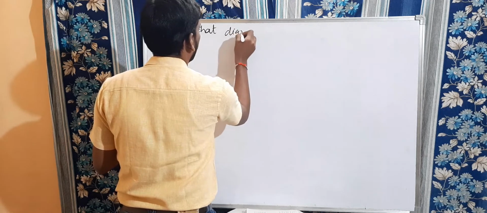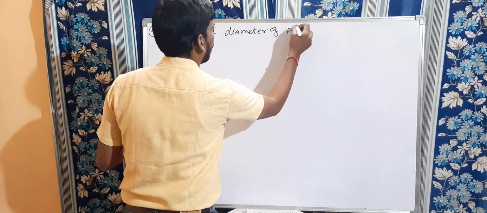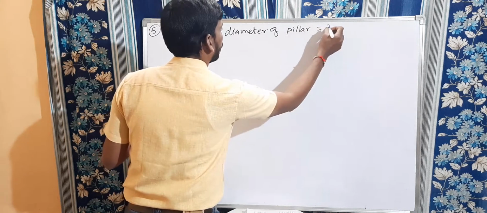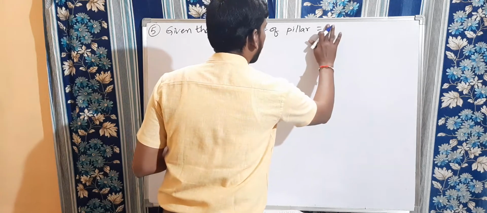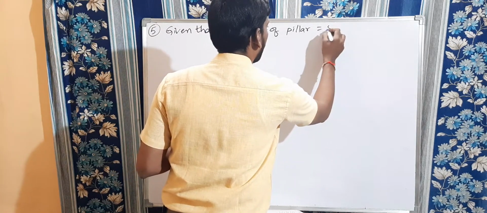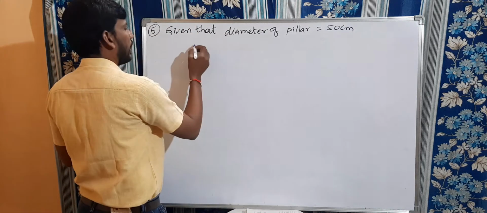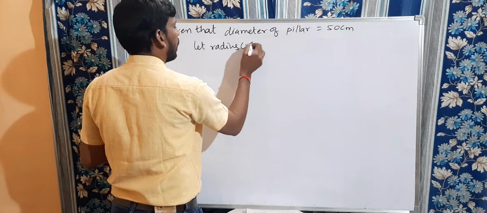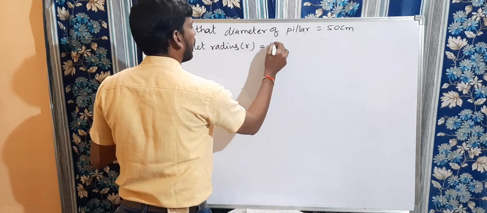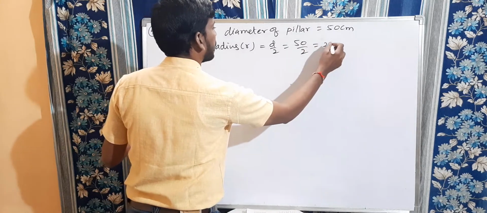diameter of pillar is nothing but 50 centimeter. So now let radius be small r, which is equal to d by 2, that is 50 by 2, which is nothing but 25 centimeter.